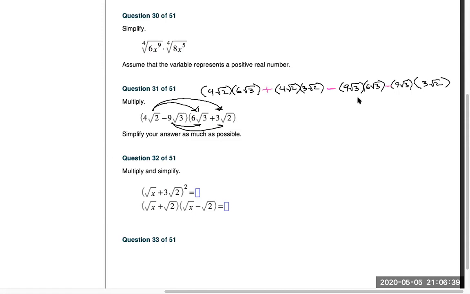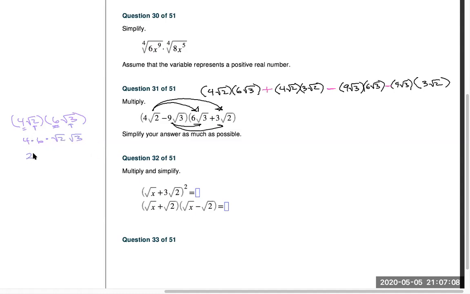And then I'll do this off to the side for each of these terms. So 4 root 2 times 6 root 3. We're going to multiply the coefficients in front, the 4 and the 6, and we're also going to multiply the root 2 and the root 3.